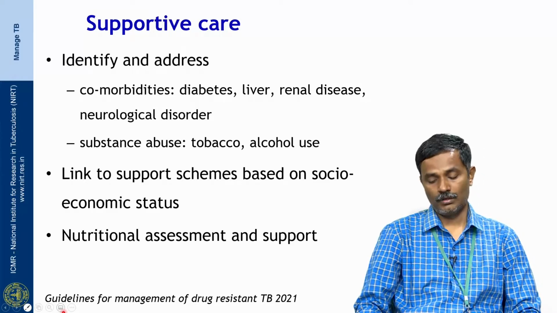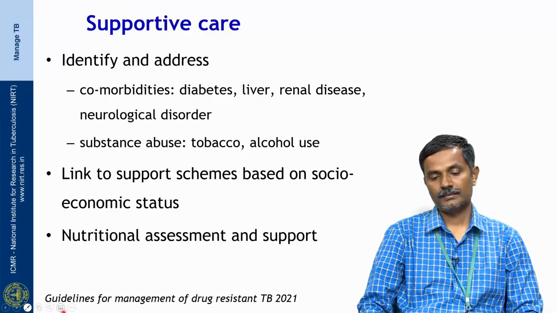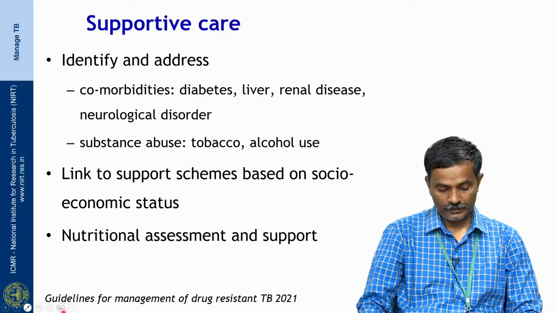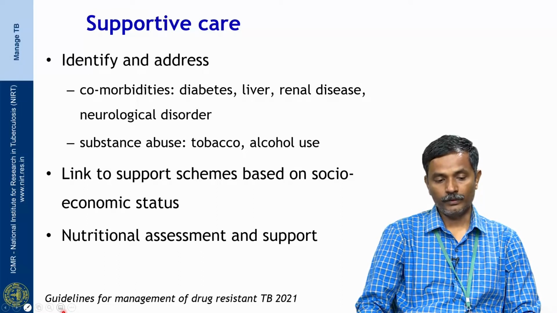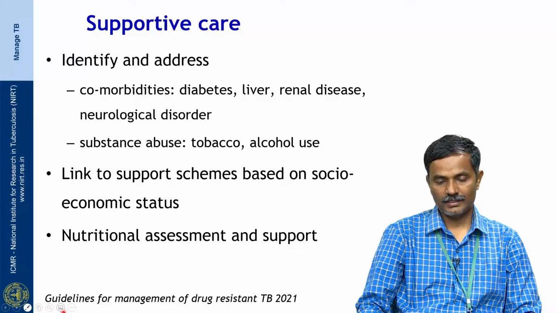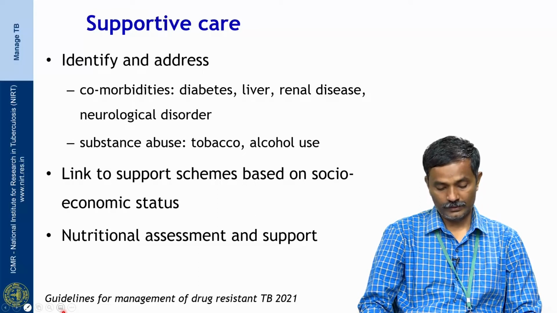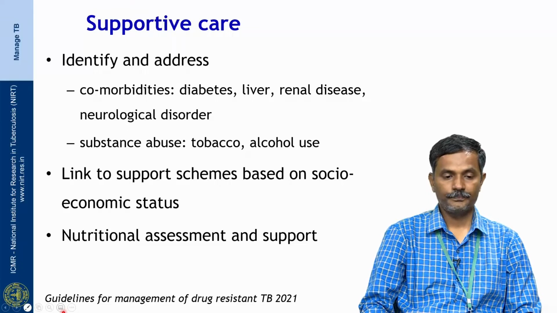For substance abuse like tobacco and alcohol use, we need psychological counseling as well as frequent advice regarding cessation. We can also give support schemes to improve the socio-economic status of patients, especially TB patients, and we have to assess and give nutritional advice to the TB patients.